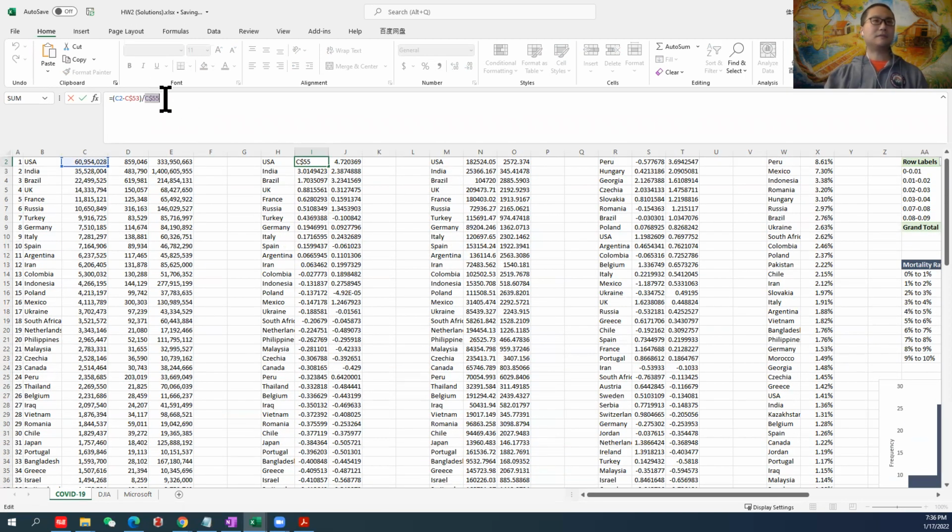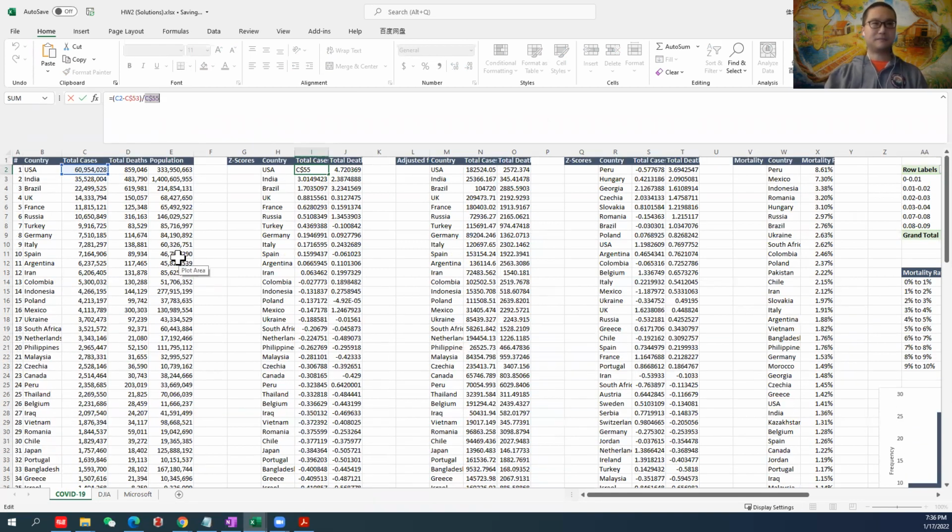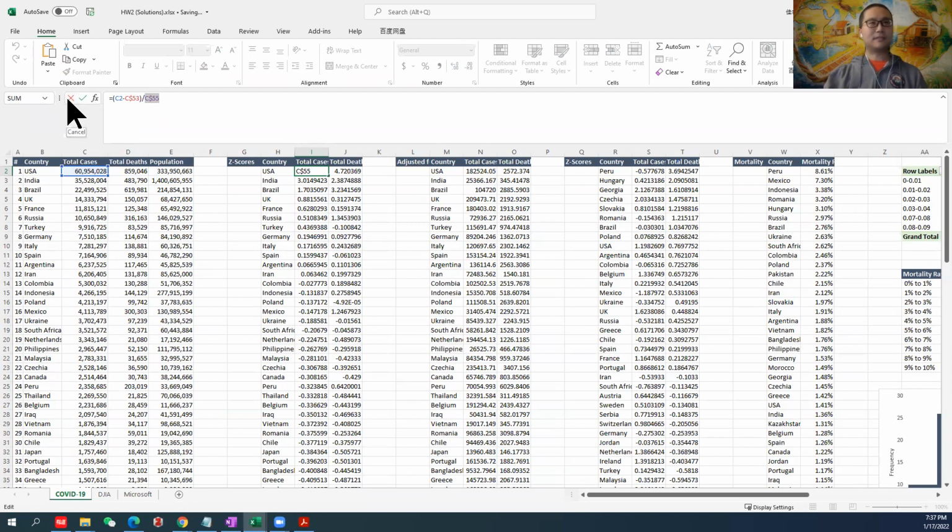And together, we divide this difference by the standard deviation. To interpret it and describe it verbally and qualitatively, we can simply use what this expression suggests. It means for the country of USA, the total number of cases is 5.57 standard deviations above the average.